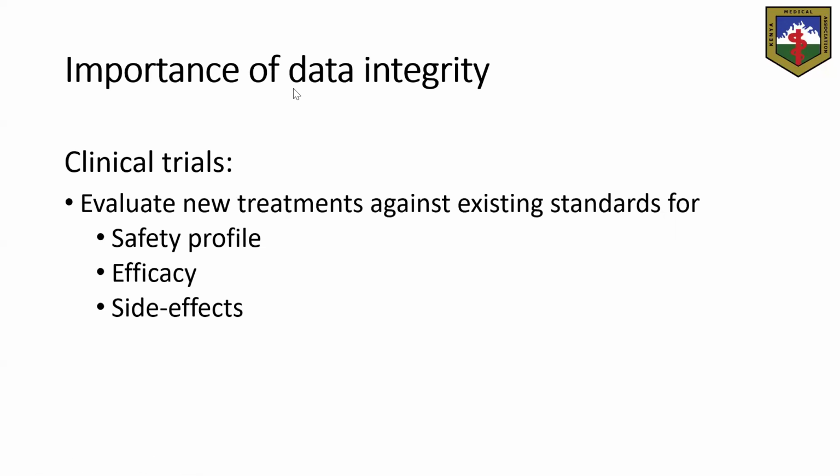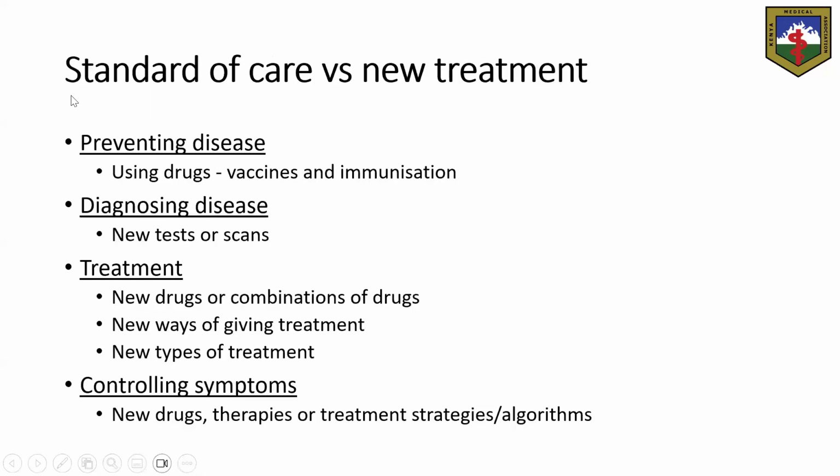So you can already start to see the importance of data integrity in research when you talk about things like which treatment is safer, which one is more efficacious, which one has more side effects. And so you want your research to be very clear and your data to be very above board when you're conducting your research for reasons such as this. And we'll see some examples where research was not above board and the impact that had.